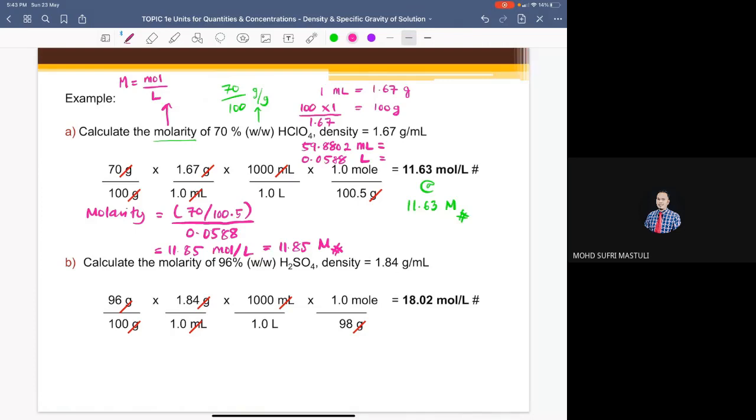This is relatively similar to the earlier answer.